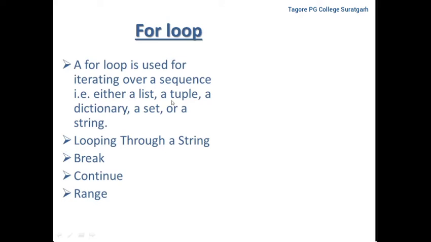As in C++ you have learned arrays, like single dimensional arrays and multi-dimensional arrays, but in Python these arrays are categorized into lists, tuples, dictionaries and sets. So we can work with the for loop on these elements, and also on strings, and break, continue and range are used with the for loop.